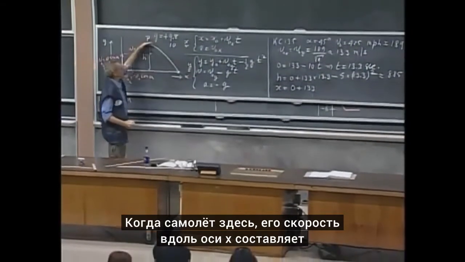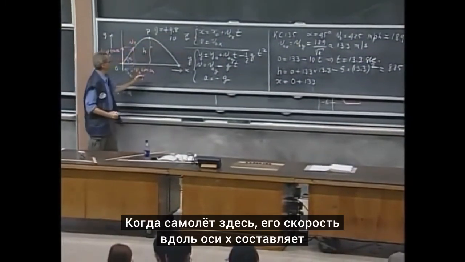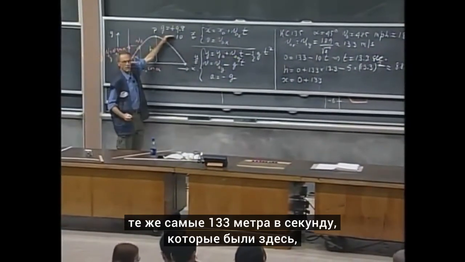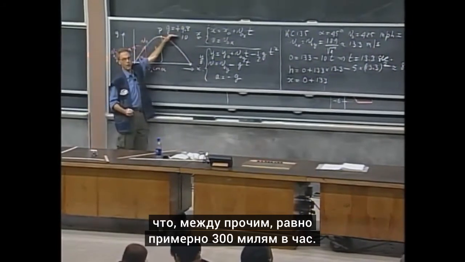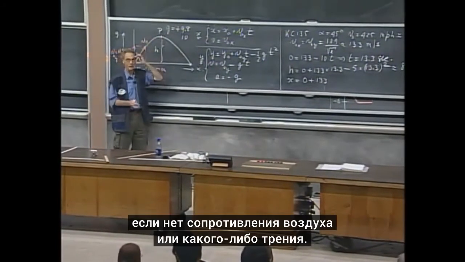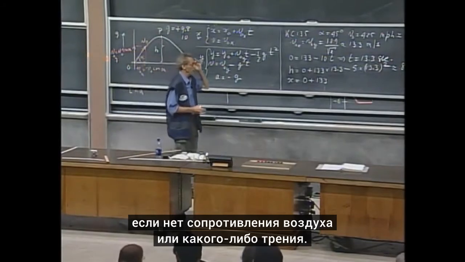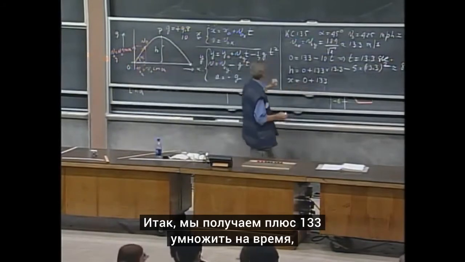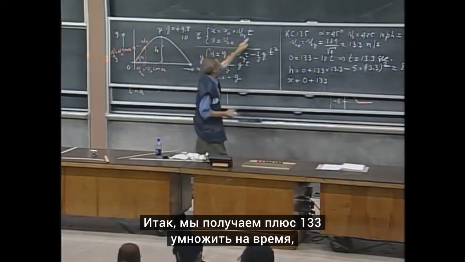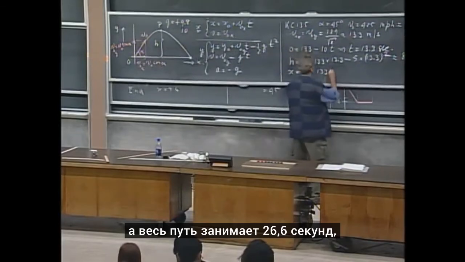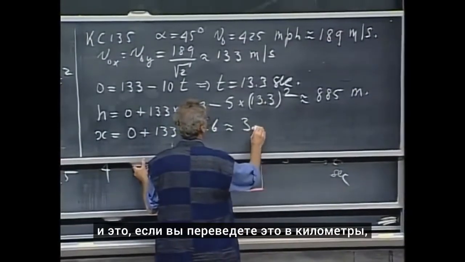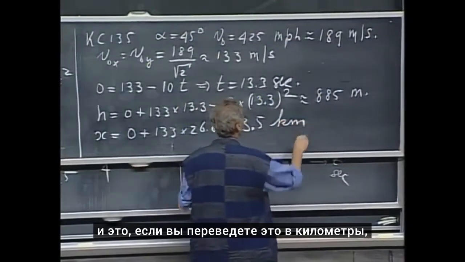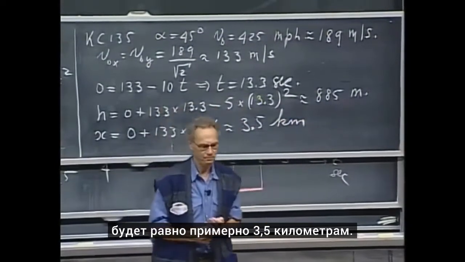When the plane is here, that velocity in the x direction is the same 133 meters per second as it was here, which, by the way, is about 300 miles per hour. That never changes if there is no air drag or air friction of any kind. So we get plus 133 times the time. The whole trip takes 26.6 seconds, and that, if you convert that to kilometers, is about 3.5 kilometers.